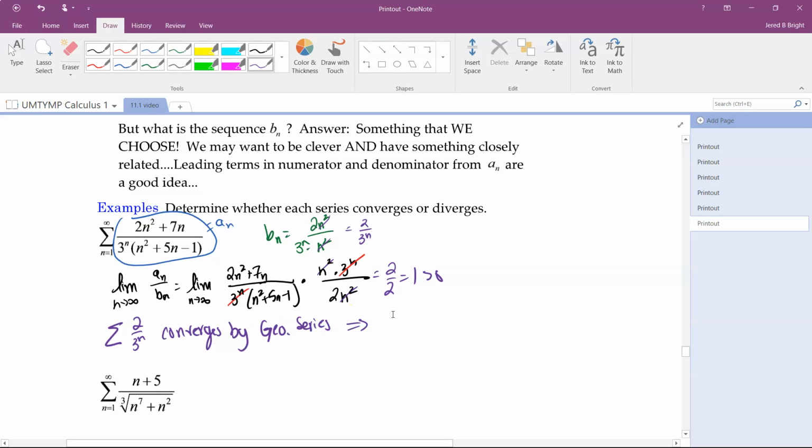So then, since the limit of AN over BN is equal to 1, which is positive, we get that the series AN, which I've defined above, is convergent by limit comparison test.